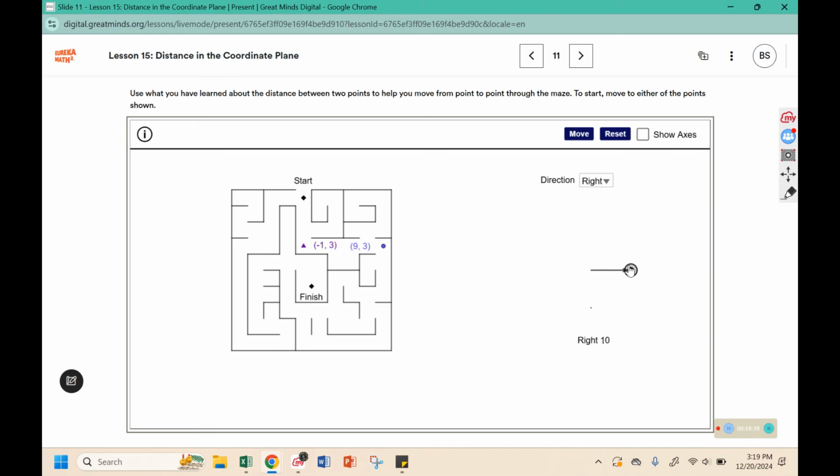So we're moving right 10. Now we're looking at going down again. The 9's match. The 3 and the -3 are in different quadrants, so we add their absolute values. That would be 3 plus 3, which is 6.